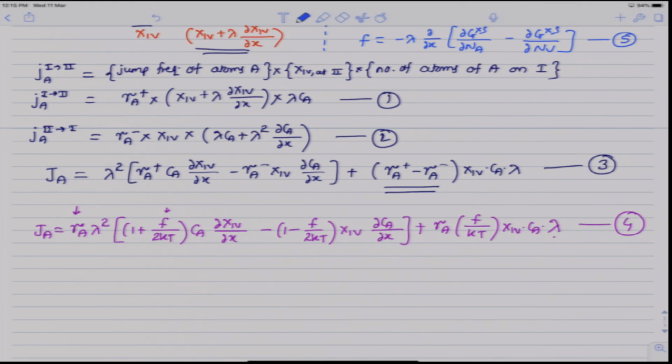Since the term f involves a term lambda, and there is a term lambda square outside the bracket here, lambda square times f will involve a term in lambda cube which we will neglect, and so this expression can be rewritten as Ja equal to gamma A lambda square times Ca dou x1v by dou x minus x1v dou Ca by dou x.